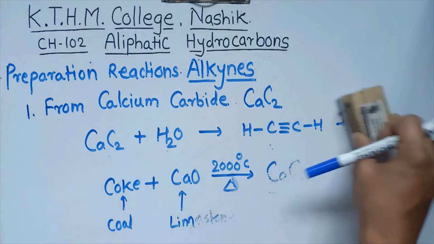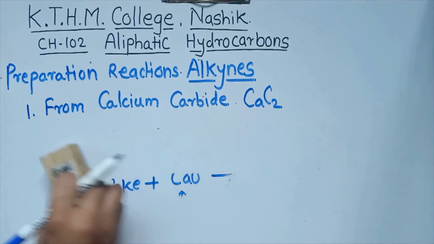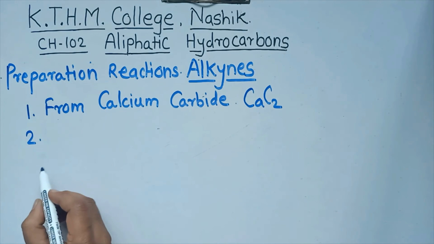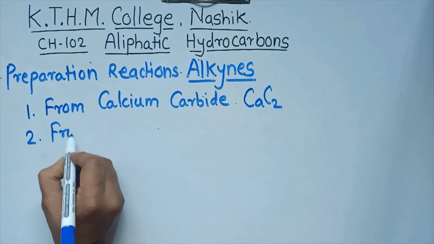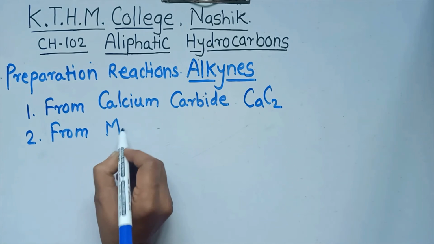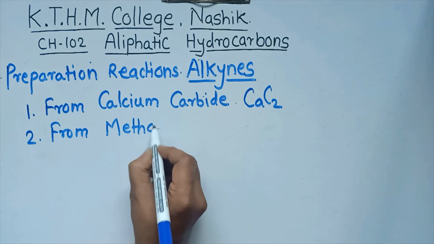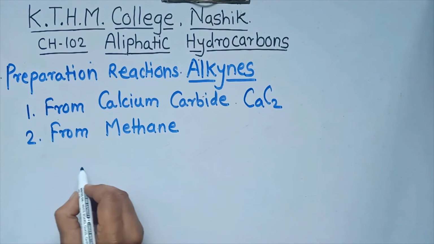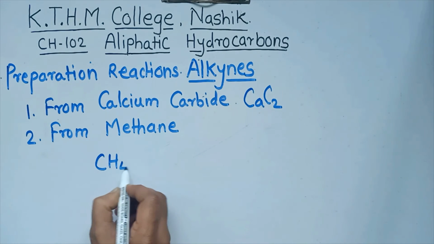Then we see the second industrial preparation reaction of alkynes. The second industrial preparation is from methane. From methane we also prepare acetylene. So we take a methane molecule.